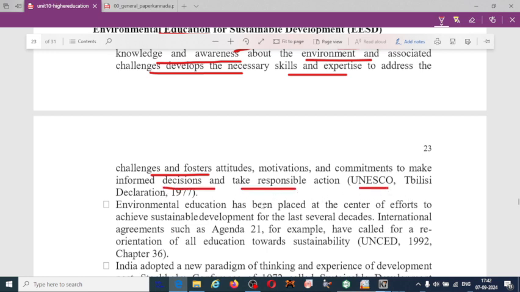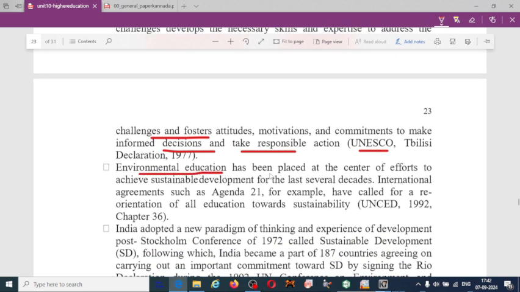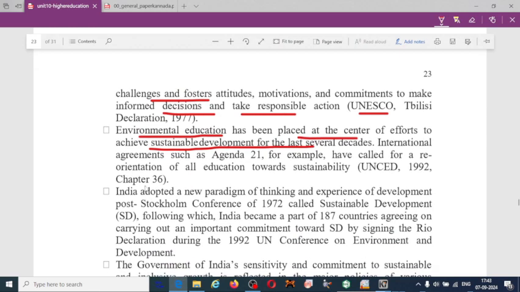Especially UNESCO plays an important role. Environmental education has been placed at the center of efforts for achieving sustainable development for the last several decades.